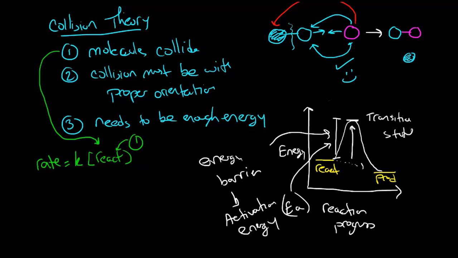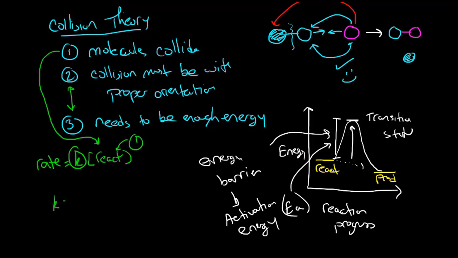The rate of the reaction is dependent on the concentration of reactants because that influences the molecule's ability to collide. So these other two requirements, requirement 2 and 3, must be built into our rate constant in some way. And I'm going to introduce another equation here that does a very nice job at explaining that.